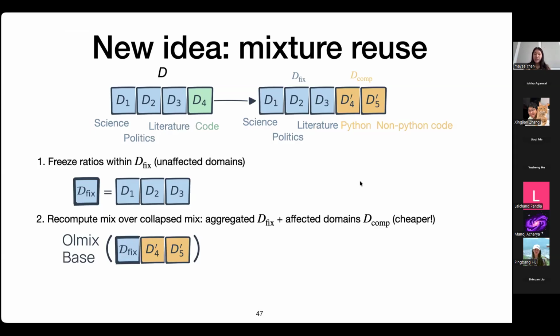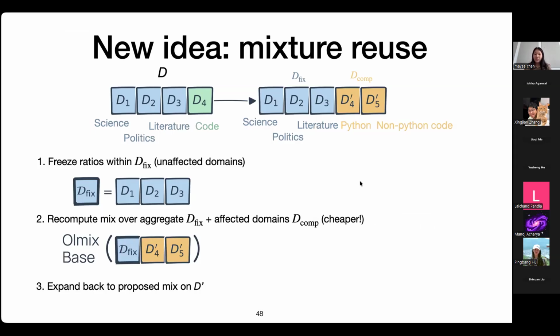And then rather than recomputing the mix over everything, we're only going to recompute over what we call the collapsed mix, which is the single dfix virtual domain, as well as the affected domains in dcomp. So in this example, rather than learning a mix on all 5 domains, we're just going to learn on 3 domains, which is a simpler and cheaper procedure.